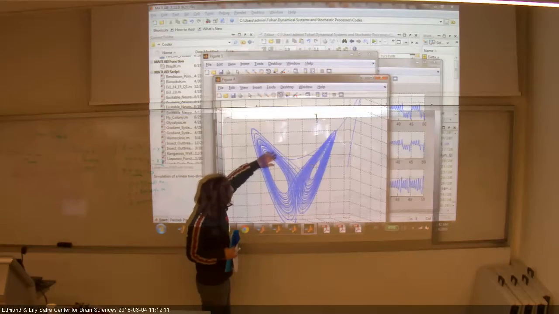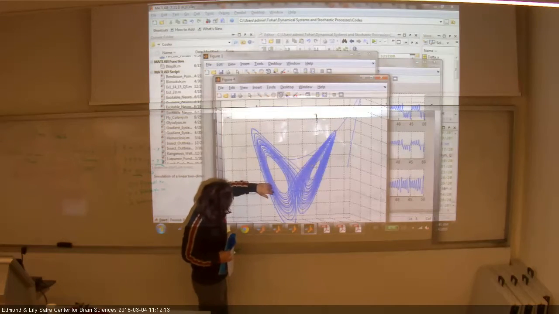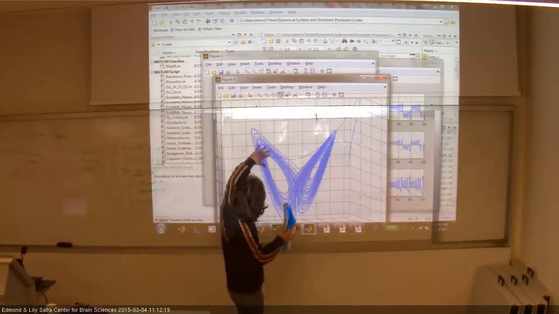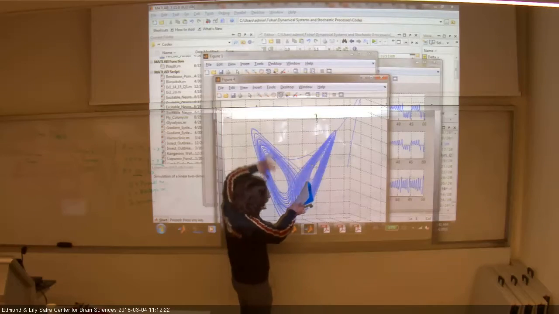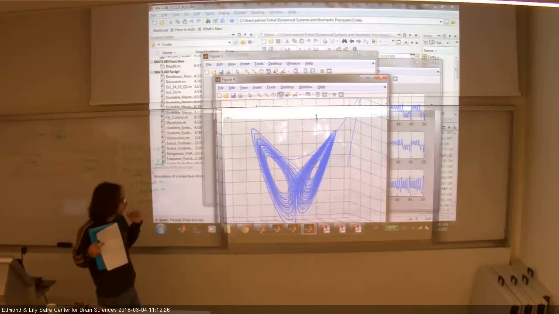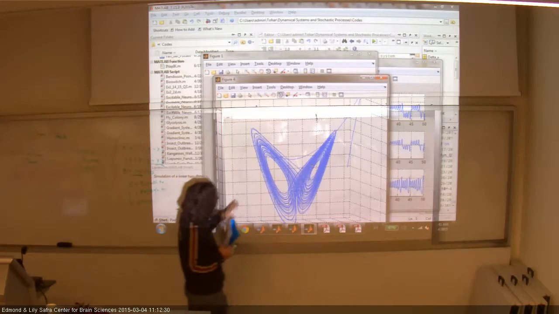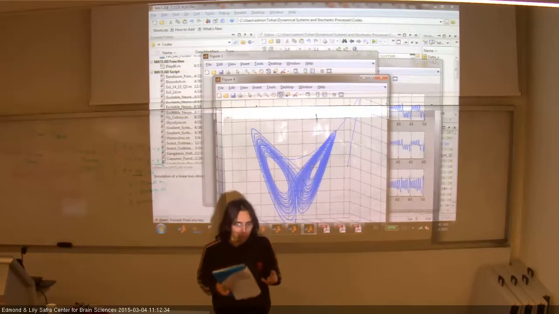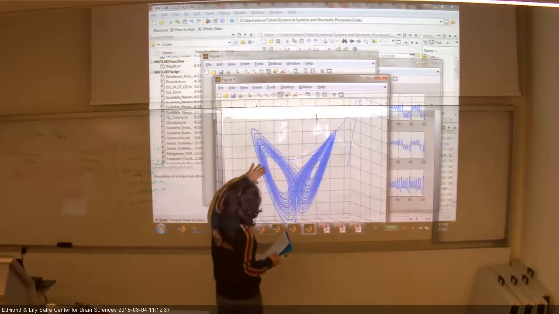Let's call it a plane for now. A plane where we have the system oscillating, and it's a kind of double curved plane that the system goes into. And first of all, this is called an attractor. A fixed point is also an attractor. A limit cycle is an attractor. This is called a strange attractor.